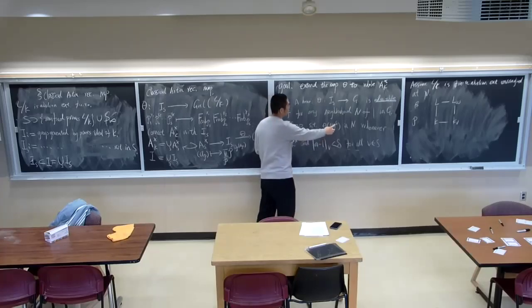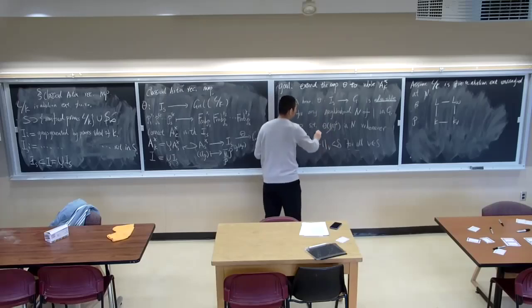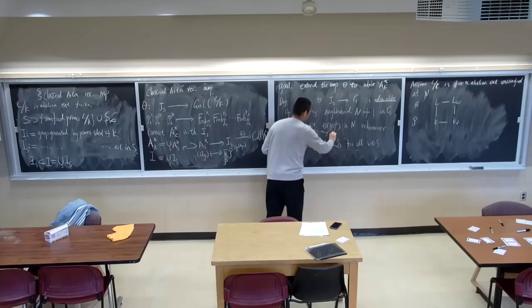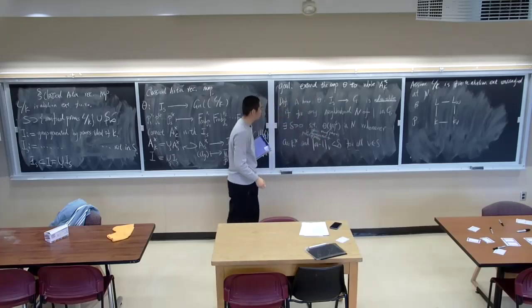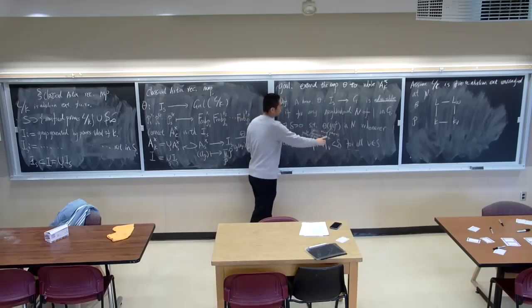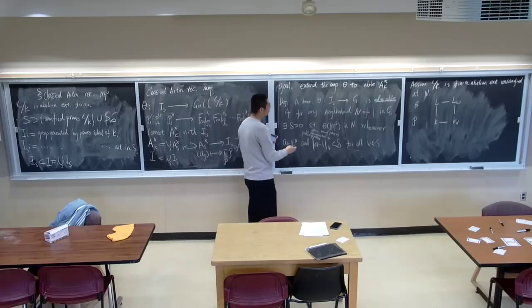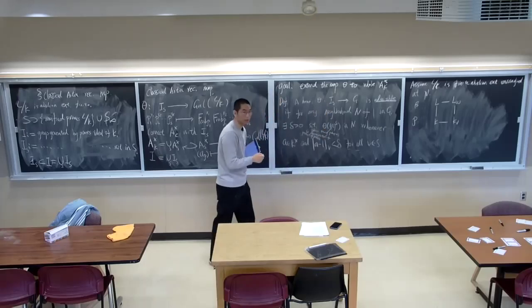There may be some primes inside S, but here we need to throw away the primes in S. So this notation just means you throw away the primes in S in the decomposition, and then you get an element inside I_S.